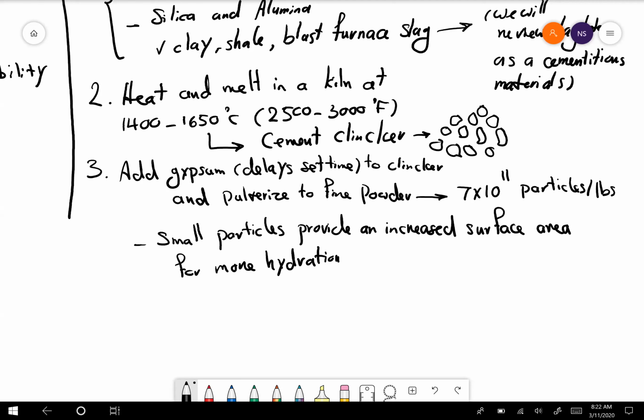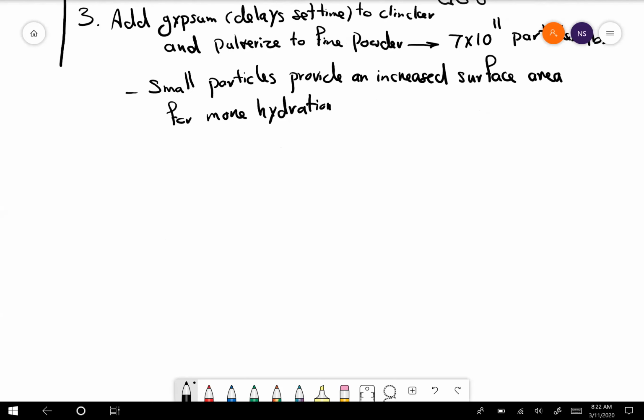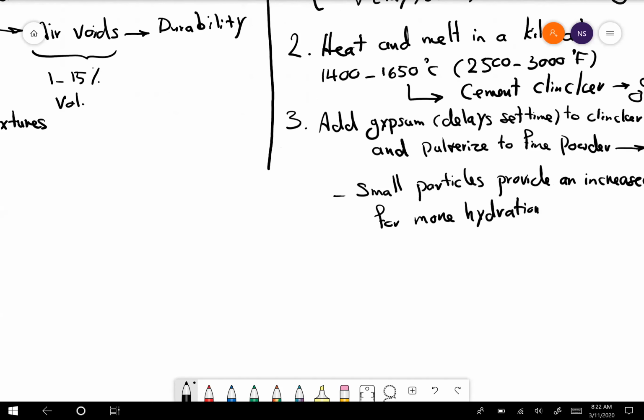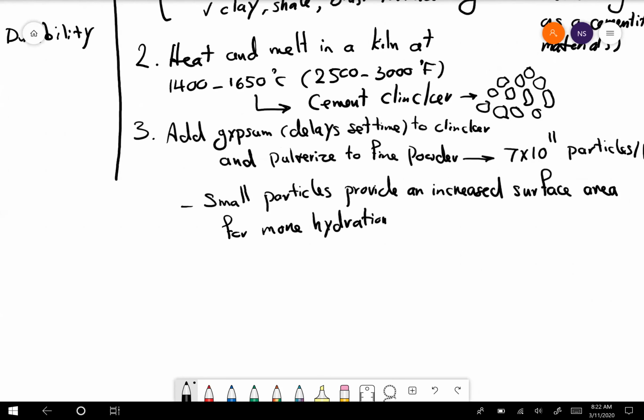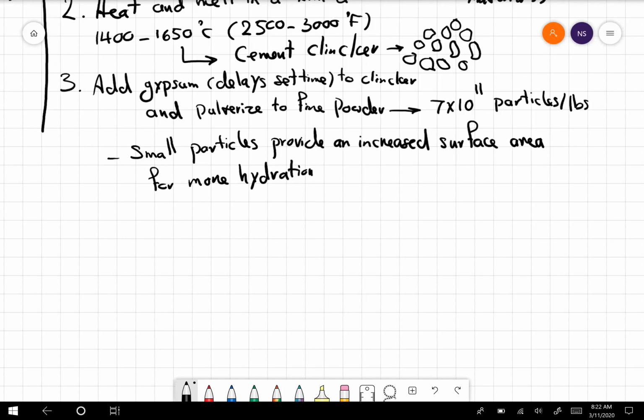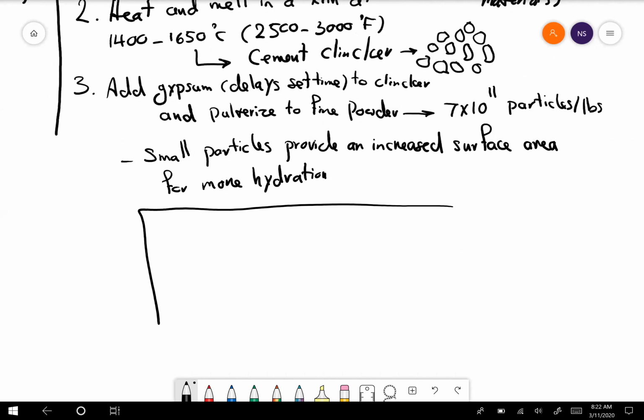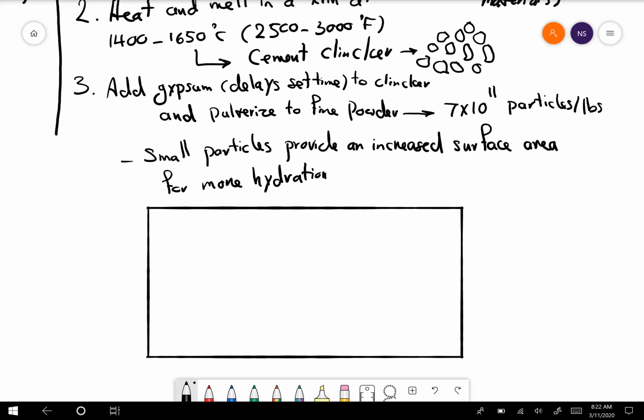So I'm going to insert, when you look at the lecture notes, a diagram of the Portland cement production.